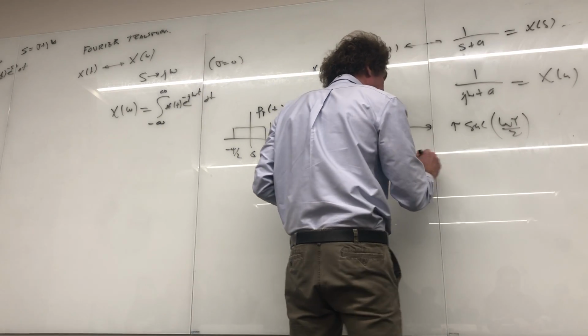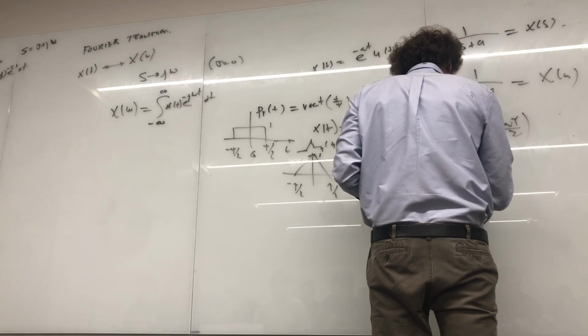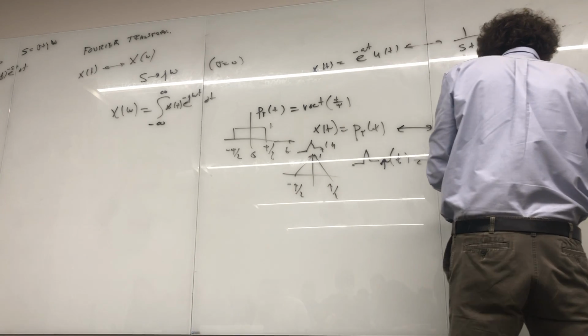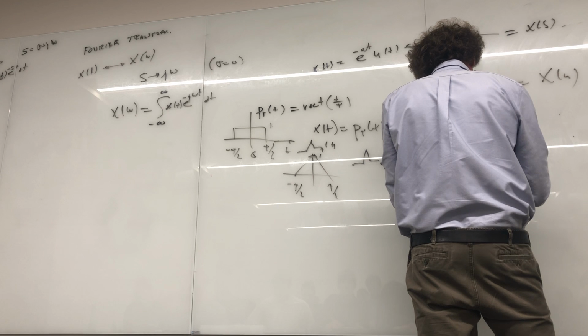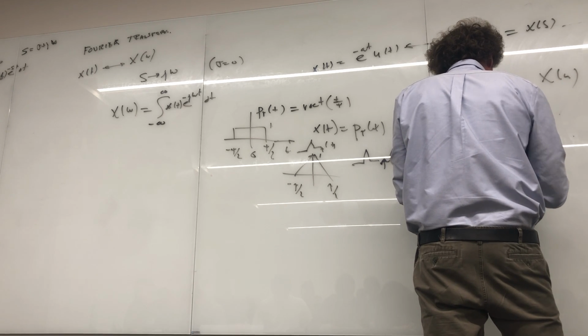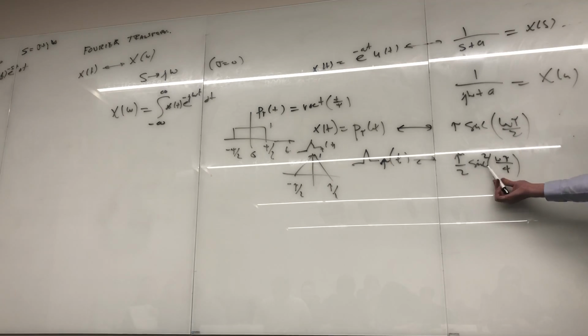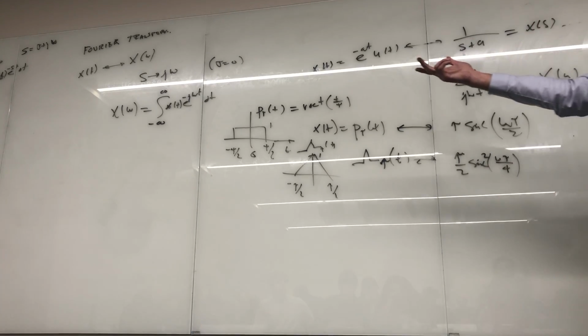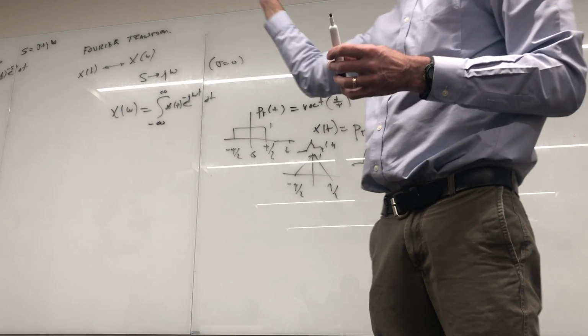This goes to tau over 2 times the sinc, actually sinc squared, of omega tau over 4. And I'll prove that next time. It's the sinc squared of omega tau over 4. Got it? Again, this is another function that has values that are not 0 for t less than 0.